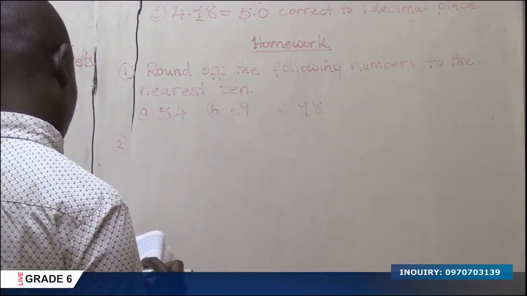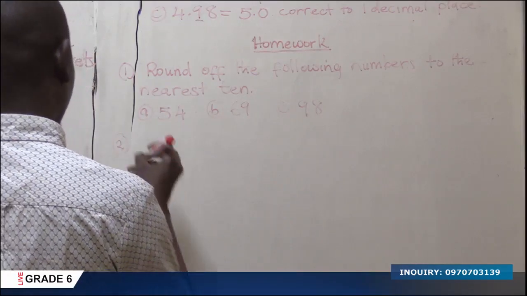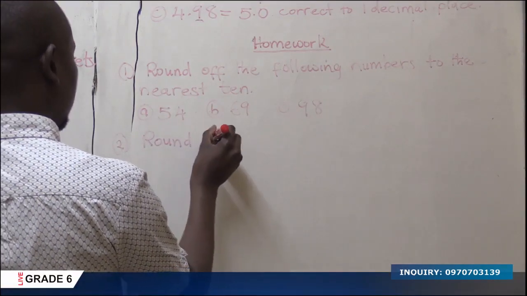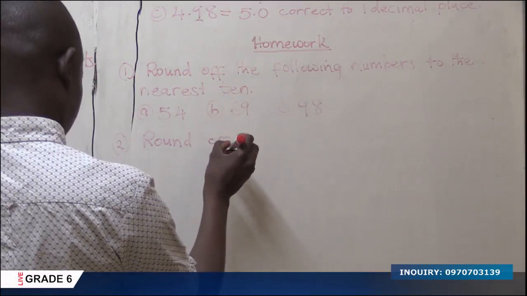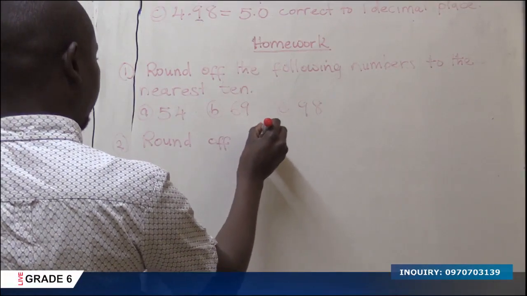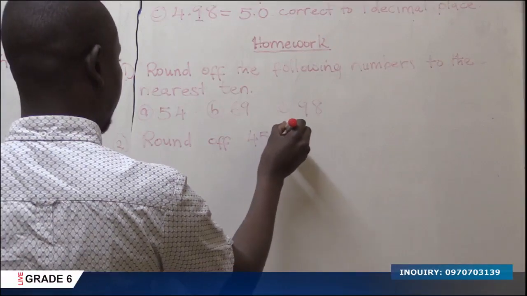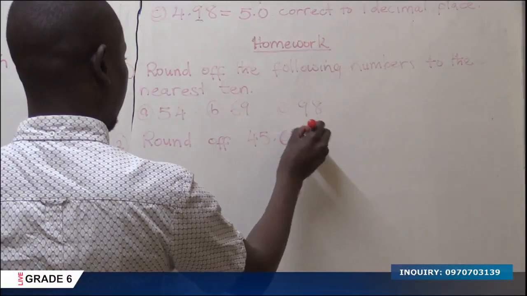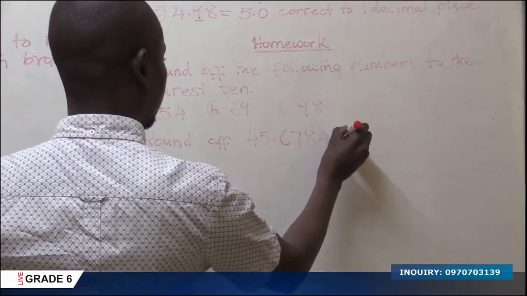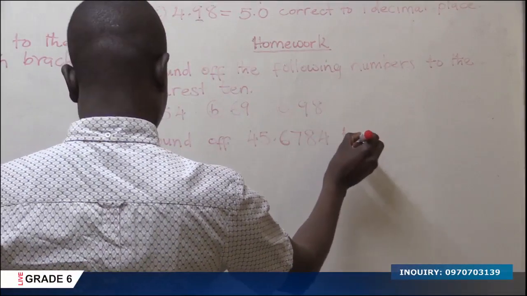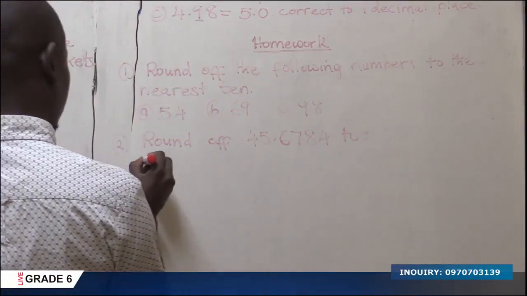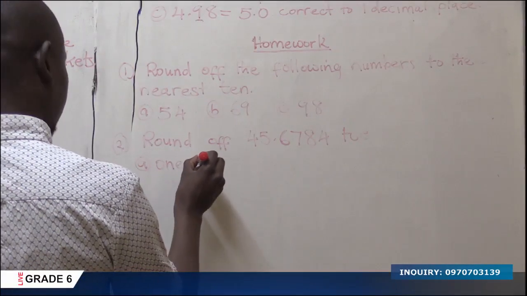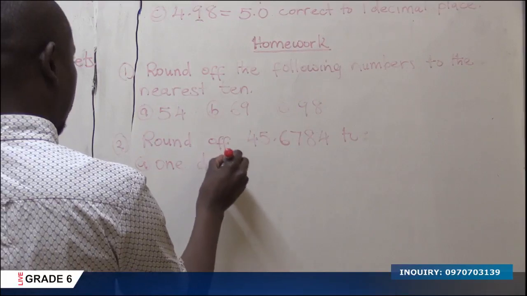I'll just give you 2 questions, boys and girls. Round off 45.6784 to A, 1 decimal place.